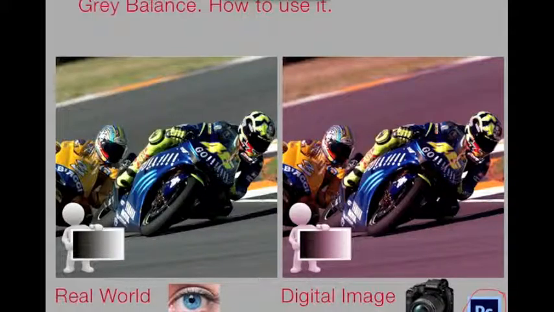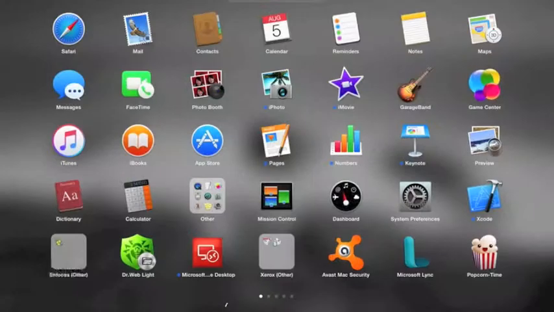If we were seeing the motorbikes in the real world, we would see the grey road, but our digital image has for whatever reason let us down. If we were to take a grey balance within that photograph, we would have an idea of where that image has let us down, where the colour inaccuracy is coming from. So let's move to Photoshop.